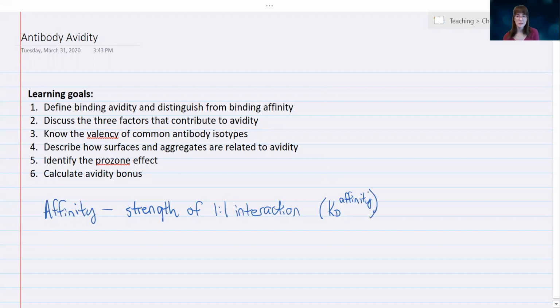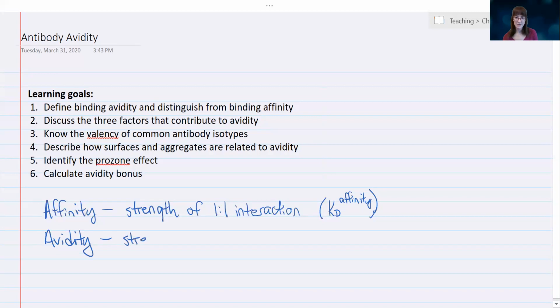Now, what's interesting is that it's very common to have more than one interaction happening. In fact, even standard antibodies potentially have two interactions happening at once. And so here we need a different way of quantifying, and we call that method avidity.